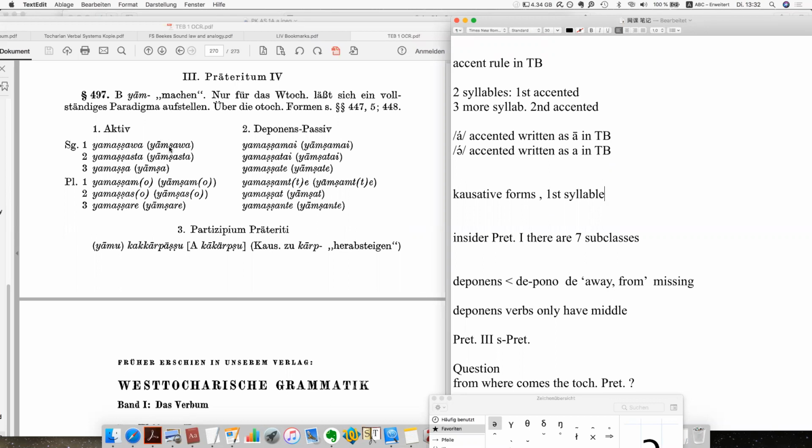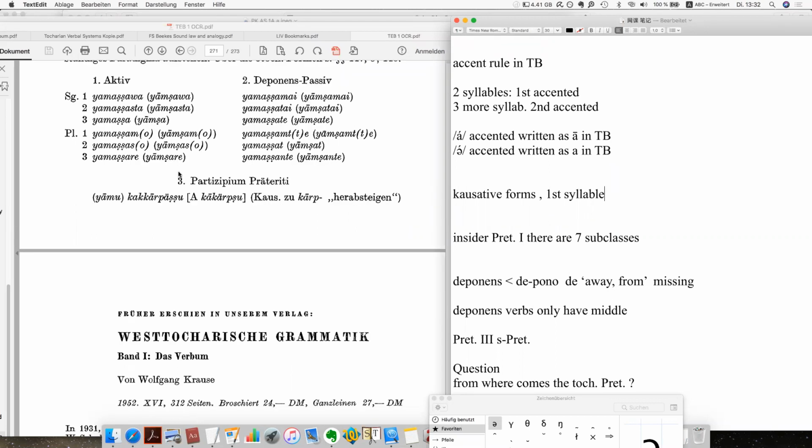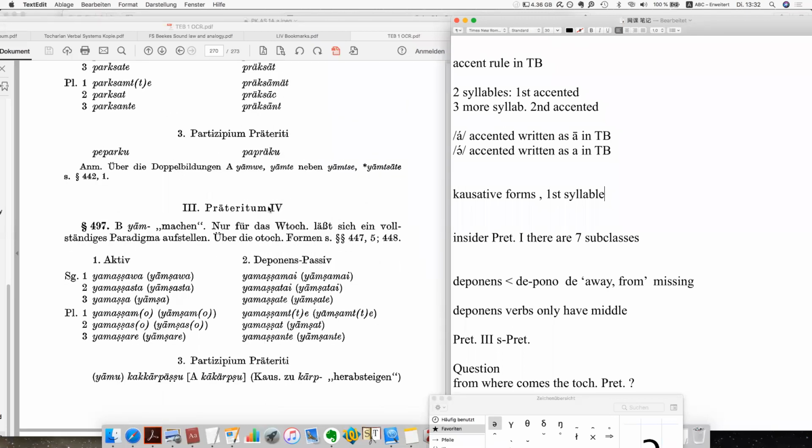So then we have this form. This is probably the reason there. And this is only preterite 4.